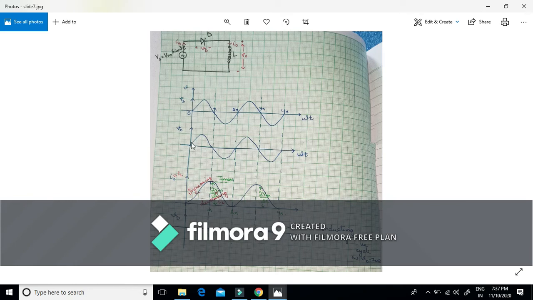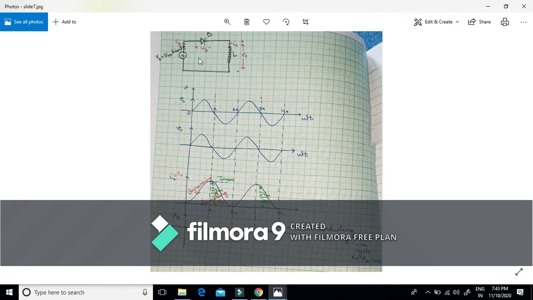Now what happens to the inductor during the negative cycle? During the negative cycle, Vs is basically rising starting from 0 at omega t equal to pi. Again the source voltage becomes negative, but the voltage across this inductor is very high, or we can say more negative as compared to the source voltage at omega t equal to pi.